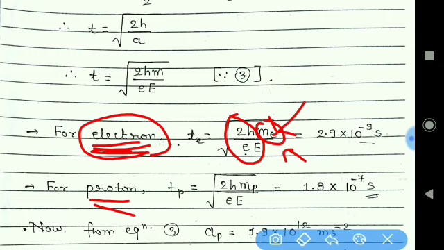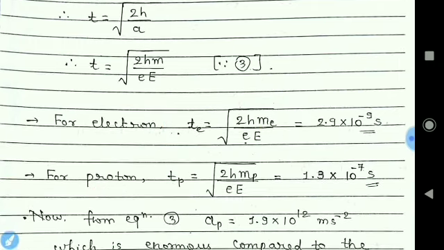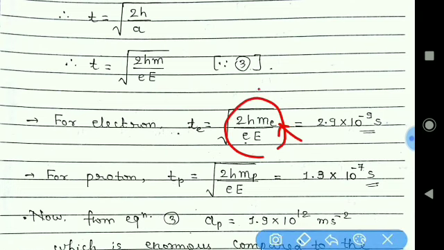After putting these values which are given, mass is also given, h is also given, e is also given, capital E, that is the electric field, that is also given. Just put the values and calculate, you will get this answer.